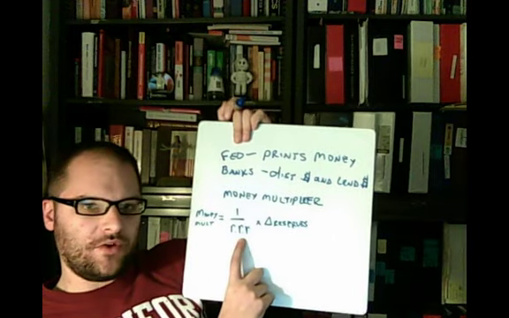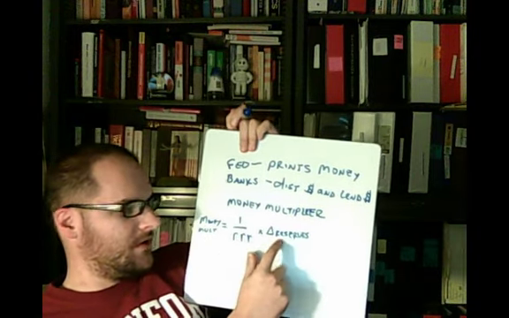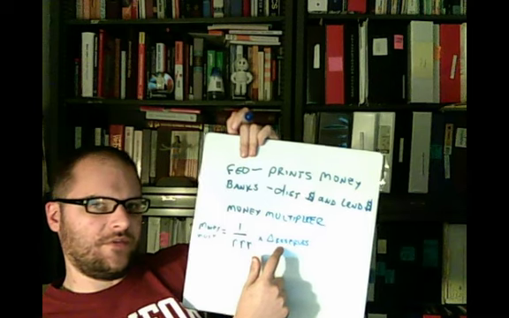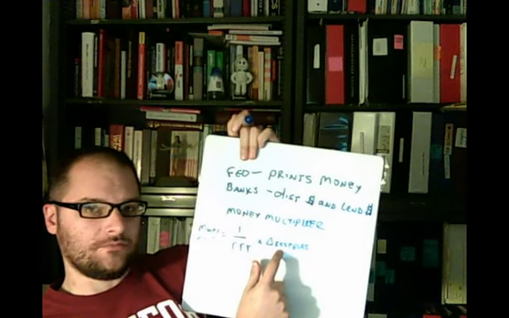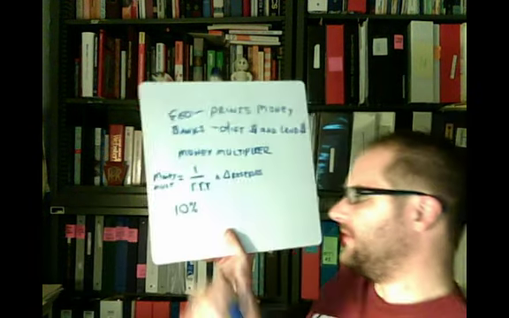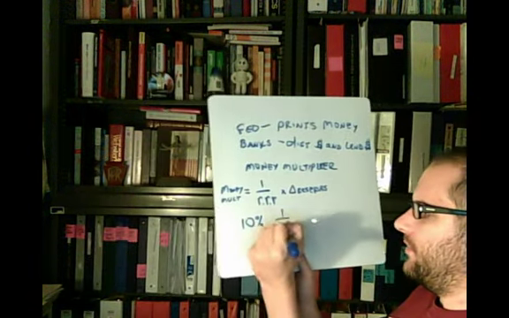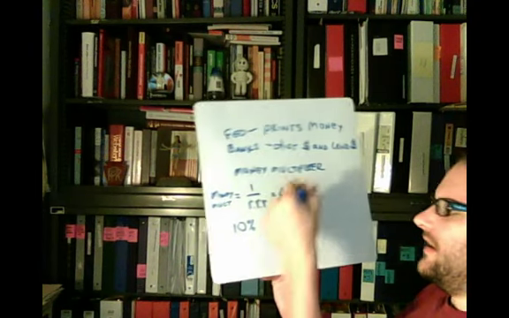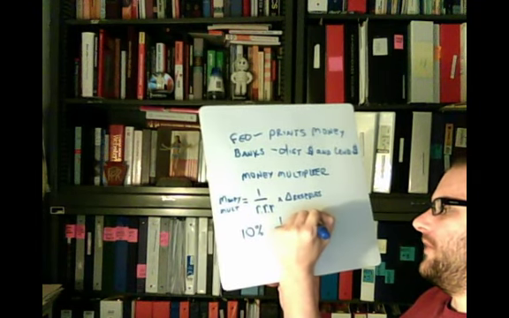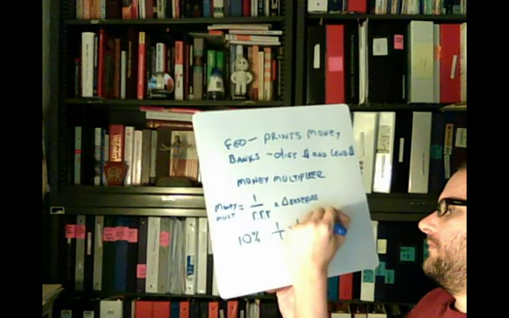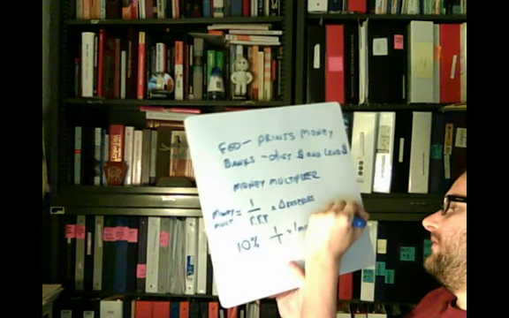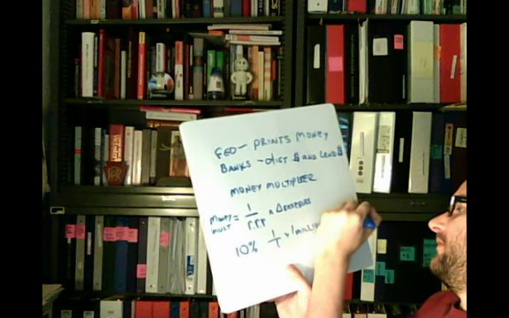So our money multiplier is 1 over the required reserve ratio times the actual amount of cash that the Fed is going to be printing. For instance, if banks are required to hold 10% in deposits, then I would have 1 over 0.1 times, and let's say the Fed prints $1 million. Then obviously this would be $10 million.